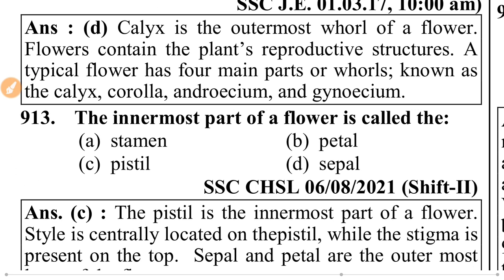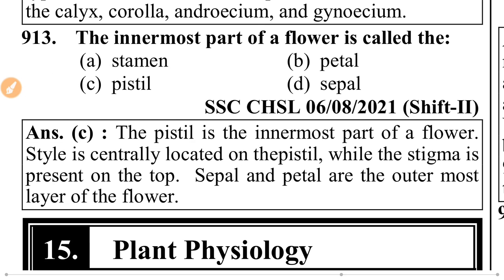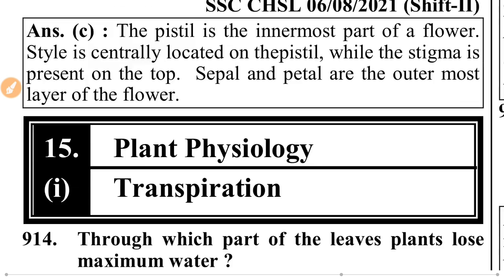The innermost part of a flower is called the pistil. Style is centrally located on the pistil, while the stigma is present on the top. Sepal and petal are the outermost layer of the flower.